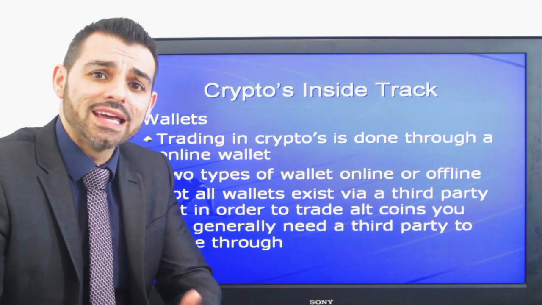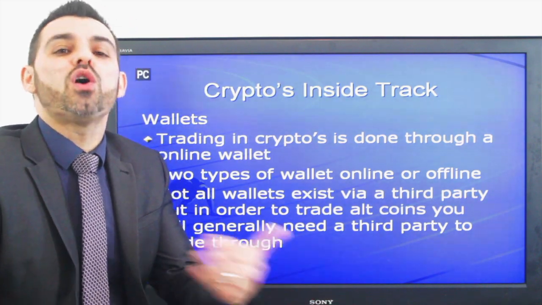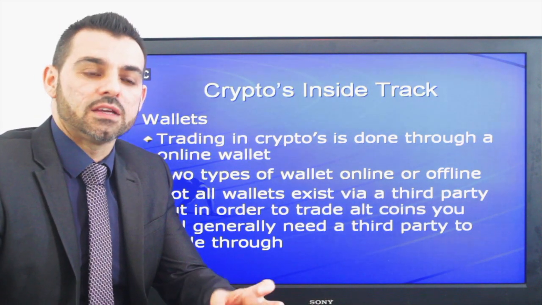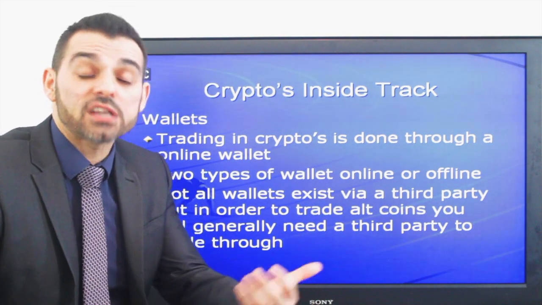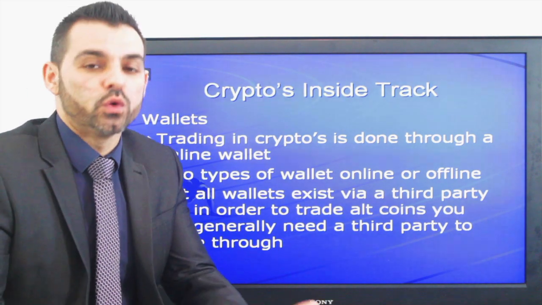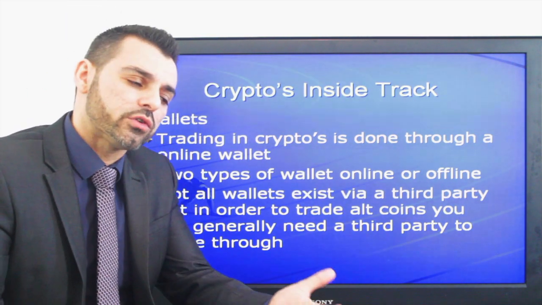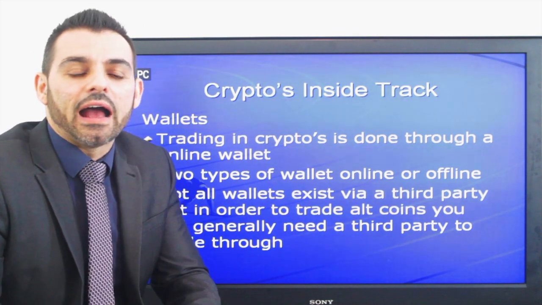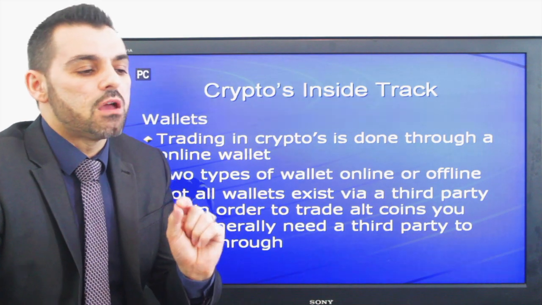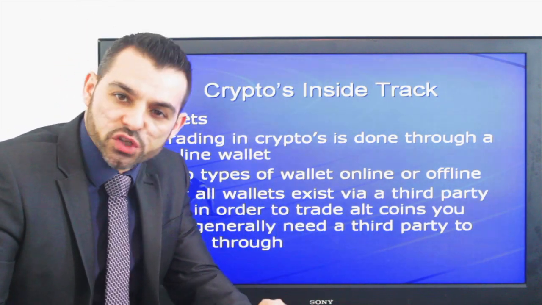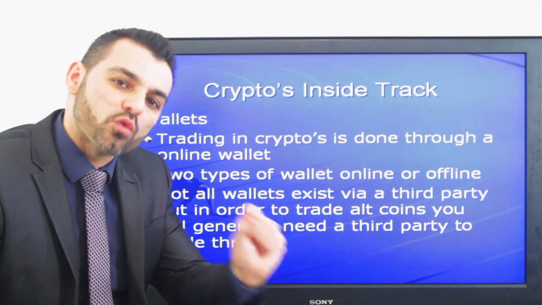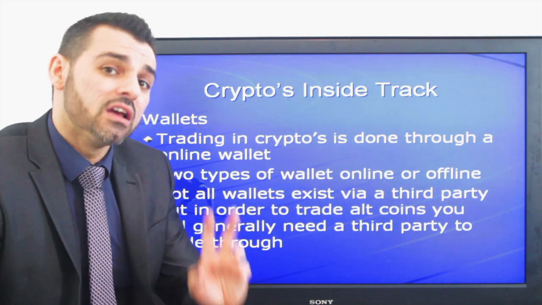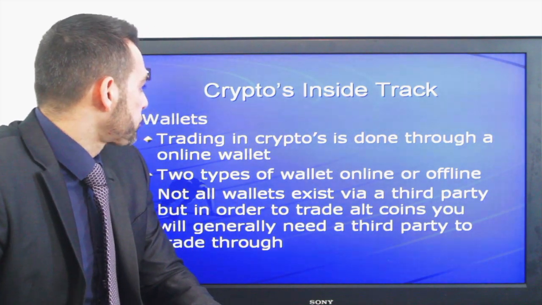An offline wallet is exactly what it says. It is offline, meaning it's not connected to the internet in any way, shape or form, and that gives you the added benefit of extra security, because as we all know in the cryptocurrency world, security is a massive issue, and the best type of security there is, is storing your coins offline. But we will talk about security in a later session, so we'll just leave that there.